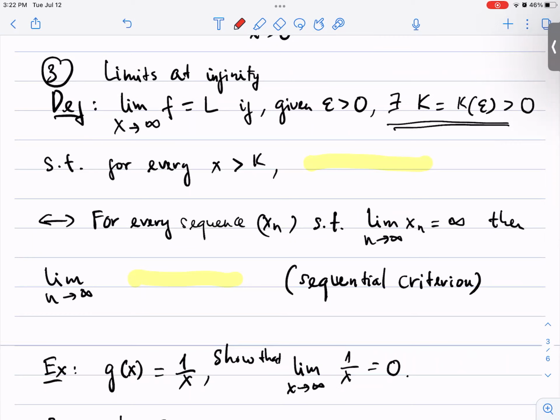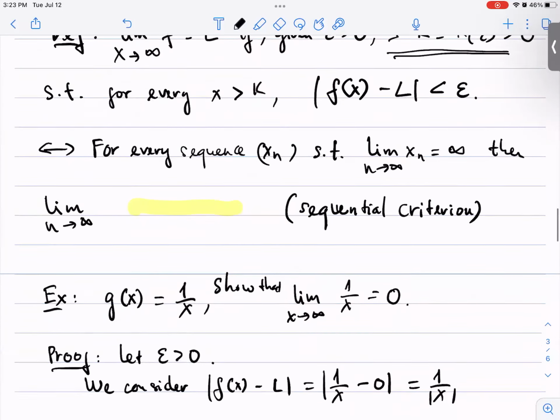The limit of the function f when x approaches infinity equals L if, given any epsilon bigger than 0, there exists k depending on epsilon, such that for every x bigger than k, we have |f(x) minus L| is smaller than epsilon.